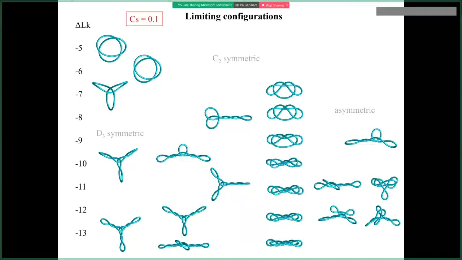Yeah, this is the delta link compared to the intrinsic configuration, which is a writhe equal to 3. So hold on. Yeah, no, it's not. So this is actually -5. Yeah, so the writhe is -3, so it's -2 as compared to the twist-free case. The twist-free case has delta link equal to -3.